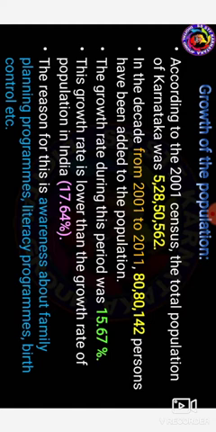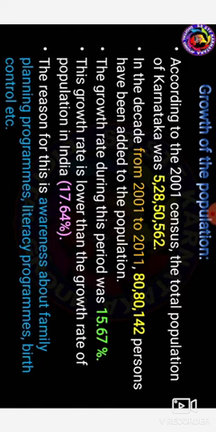The population we have to see in the 2001 census. Between the 2001 and 2011 census, 80 lakh persons have been added to the population.